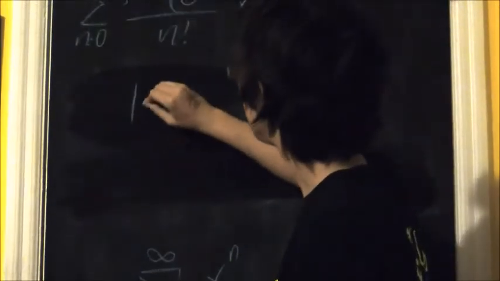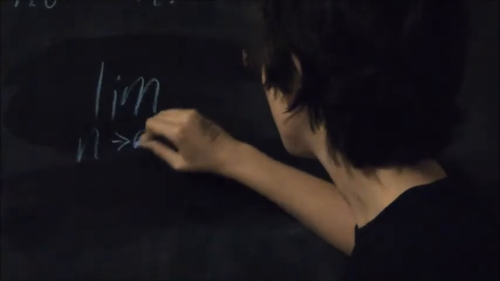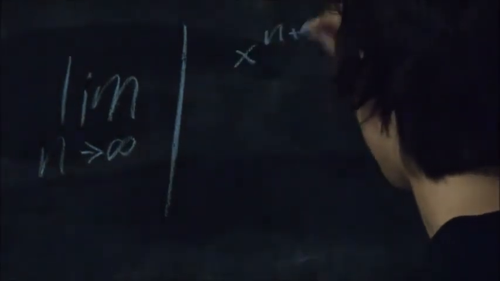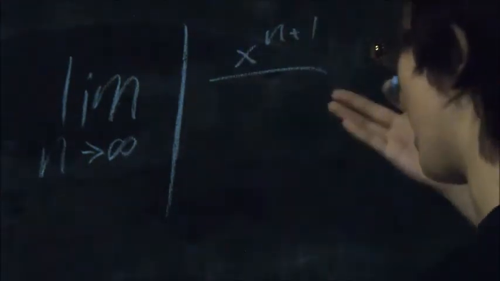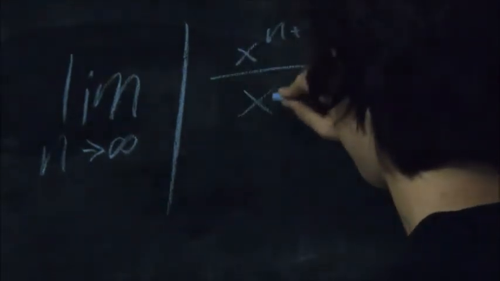And our a n is obviously just going to be what we have here, which is x to the n over n.